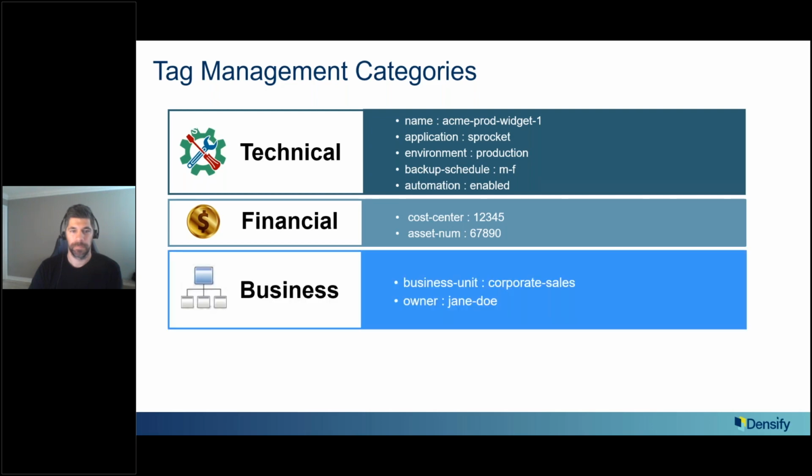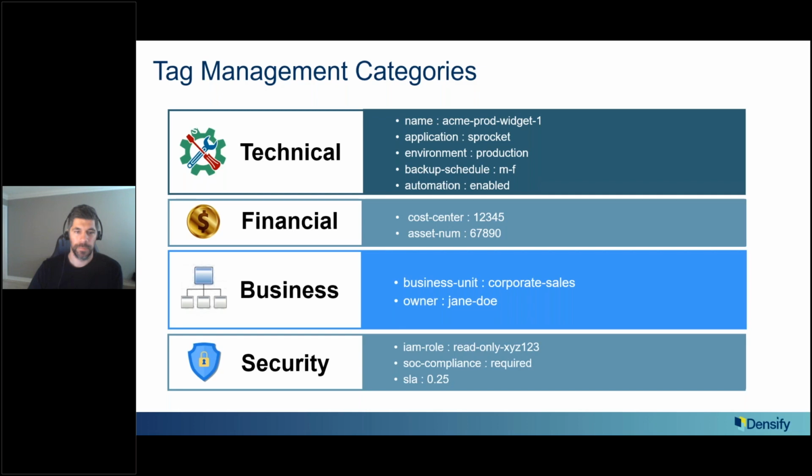The third would be business tags. And this would be strictly about representing a company's organizational unit structure. And this can be by department, region, project, or all of the above, as well as who owns it at a business level. So this would be your stakeholders, your executive sponsors, etc. And then there's security.